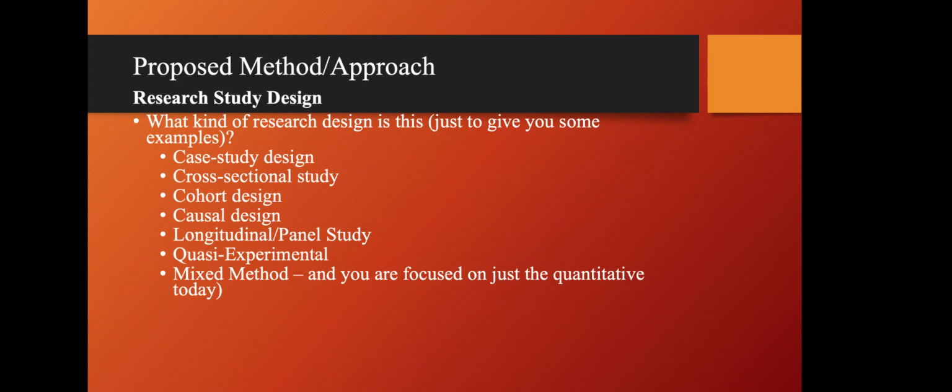The research study design, if you need a little bit of a refresher, there's more than this, but it's case study design, cross-sectional study design, cohort design, causal design, longitudinal panel studies, quasi-experimental, mixed method as well, but we're only focused on the quantitative today. There's also action research and experimental study designs.